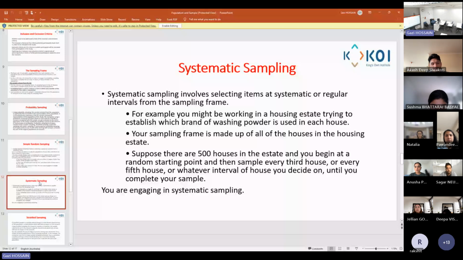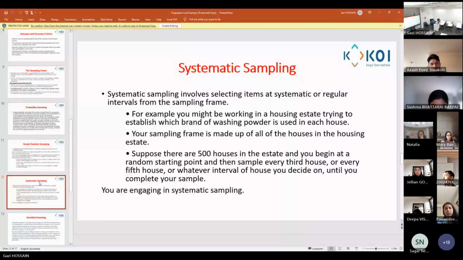For example, a regular interval from the sampling frame. We are going to collect data from 300 students in my class. Now I am going to collect data from the 1st, 10th, 20th, 30th, 40th. So every 10th student I am going to collect data from.